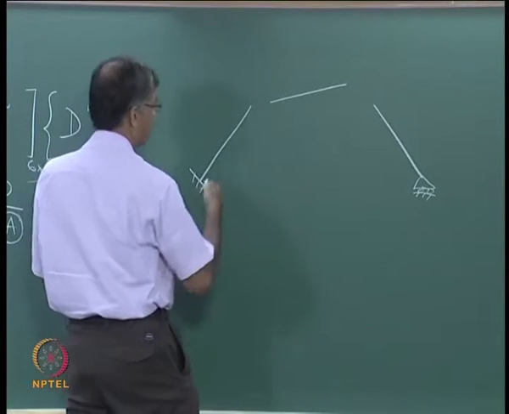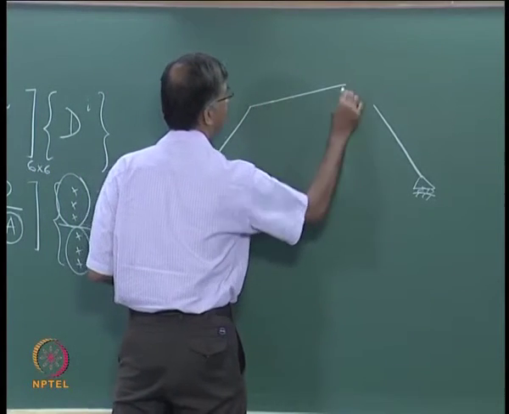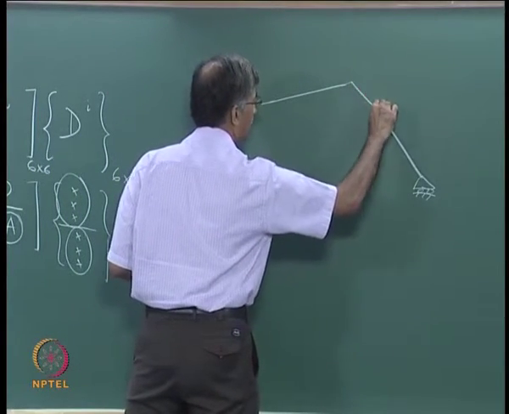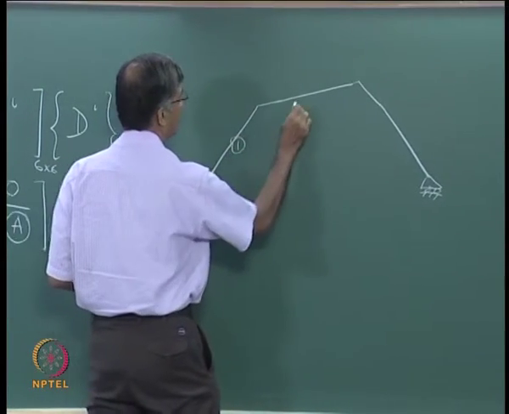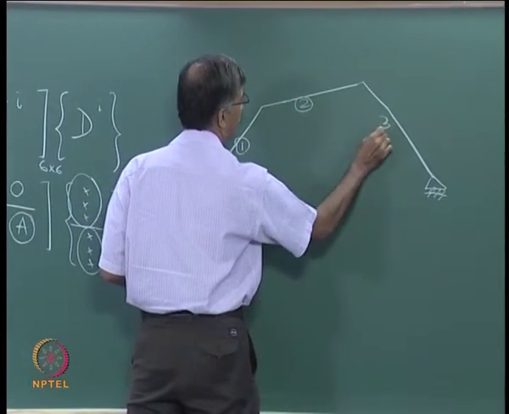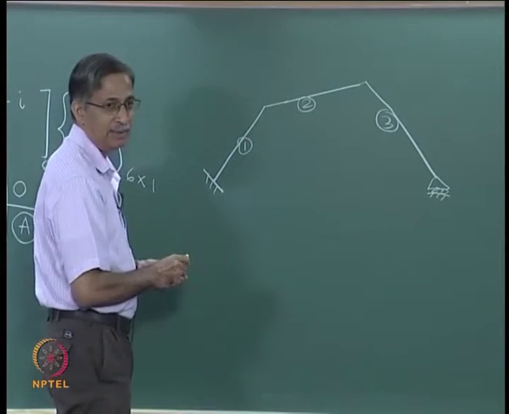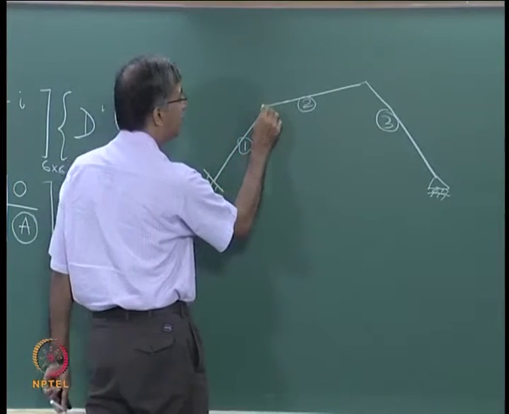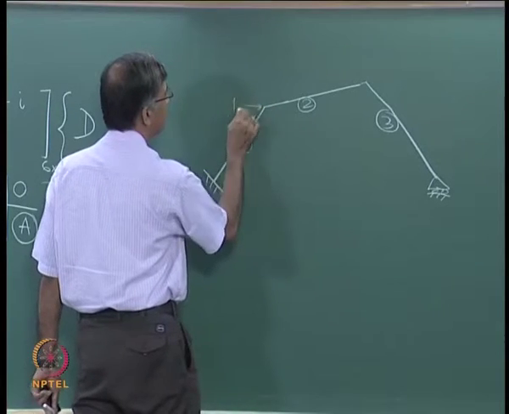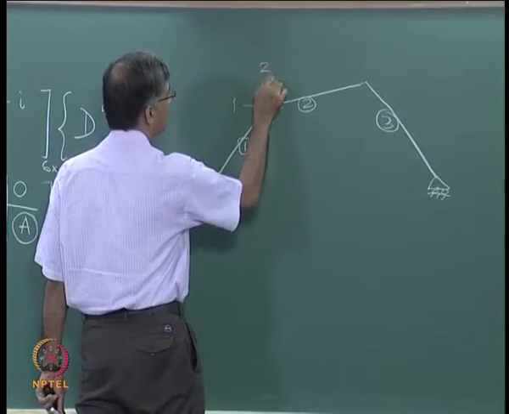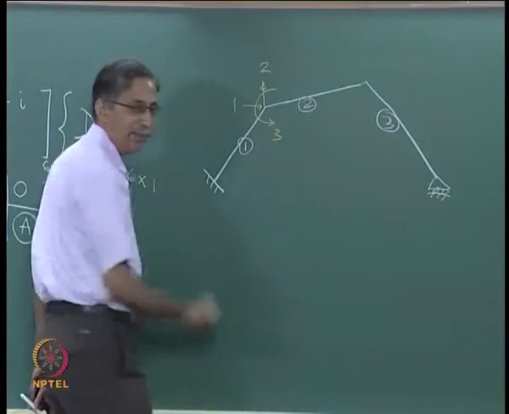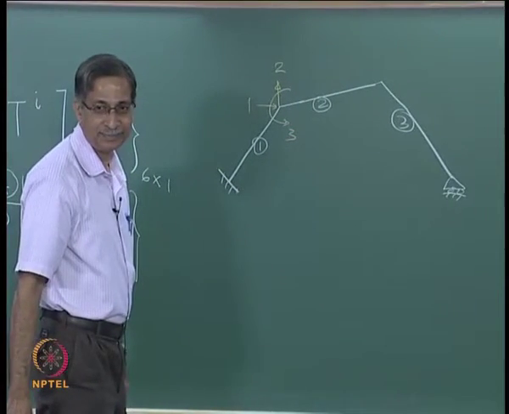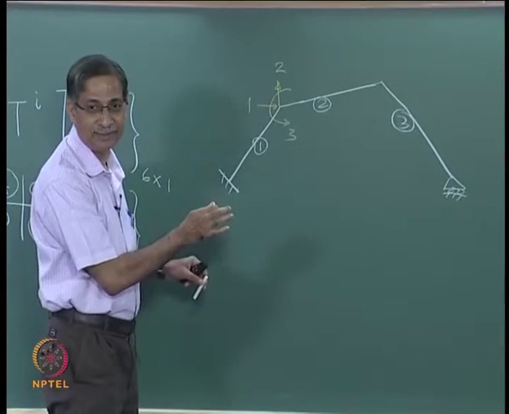This was element 1, 2 and 3. What were our degrees of freedom? We said at this joint we start the active degree numbering. We said this is 1, this is 2, this is 3. Remember? This is for the structure.